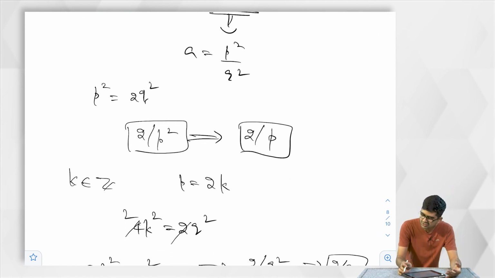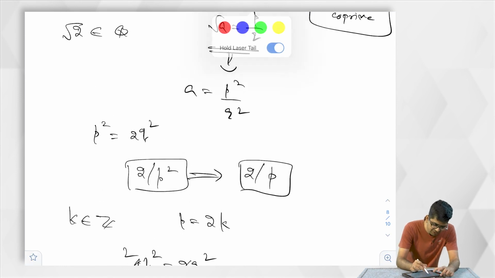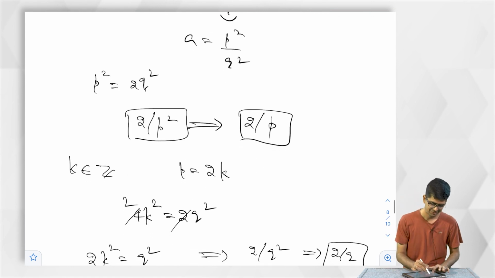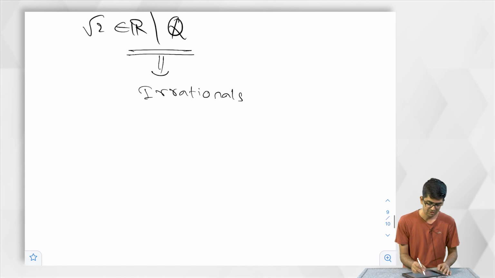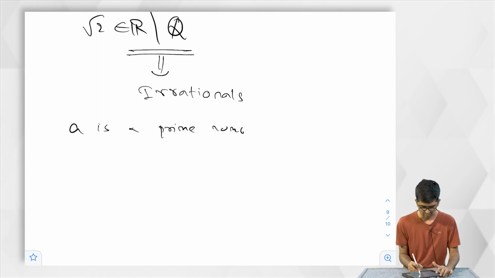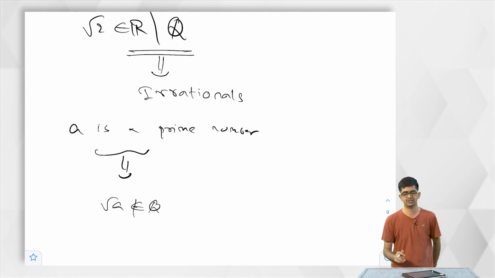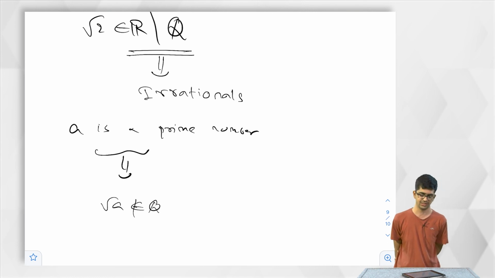We have used that 2 is a prime number, so maybe this might not work for all positive real numbers, but if A is a prime number, there is a large chance that root A is not an element of Q. So as an exercise, if A is a prime number, it is up to you to check that this might imply root A is not an element of Q. Root A is an element of R, that is for sure, because that is what we proved in the previous discussion.